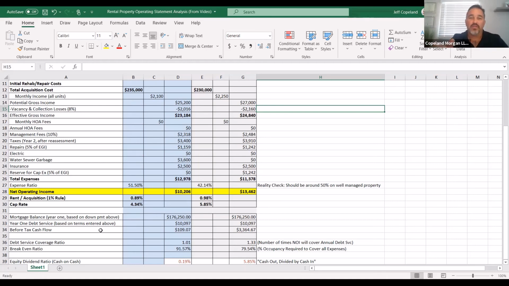And you might want to reduce your repairs, but bump up your reserves. You can adjust all of this based on the situation. Every property is different. Every market is different. And so I really think that's the beauty of understanding these numbers and understanding how to use this tool, because it allows you to adapt it to different situations.